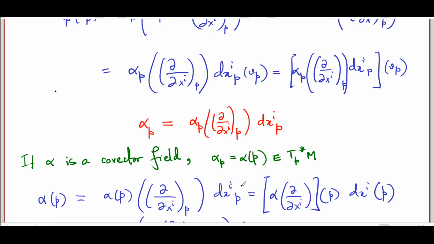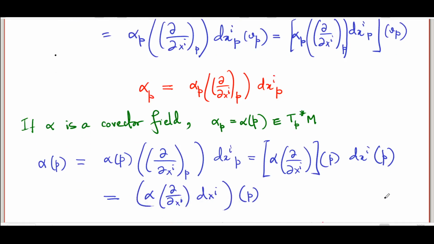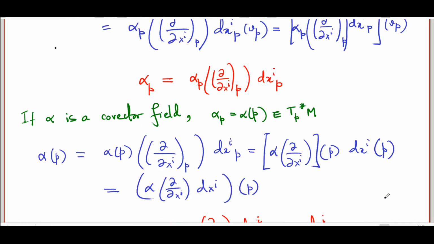And what is dxip? By the definition of differential of a function, dfp is nothing but the value of df at the point P. So this is the differential of the ith coordinate at the point P. And when you combine these together, this is nothing but alpha del xi, which, remember, is a covector field acting on a vector field.